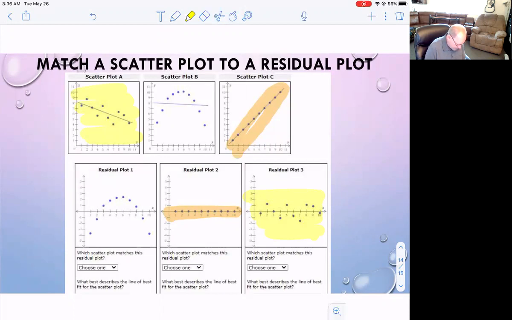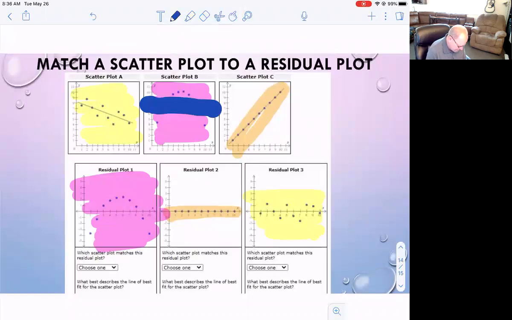And finally this one: it's a quadratic shape scatter plot and a quadratic shape residual plot. It's like we took this line of fit and moved it down to the x-axis.